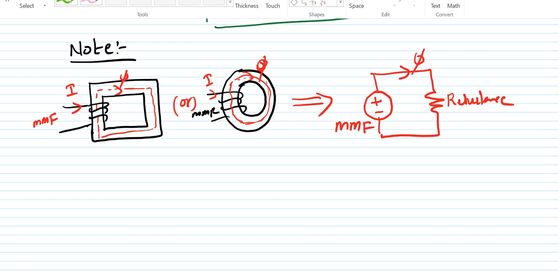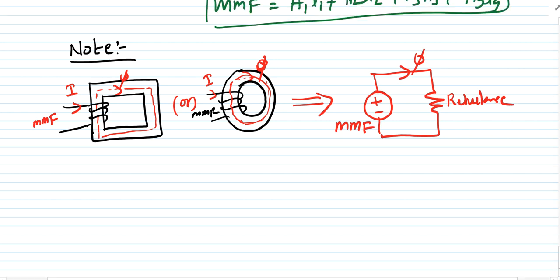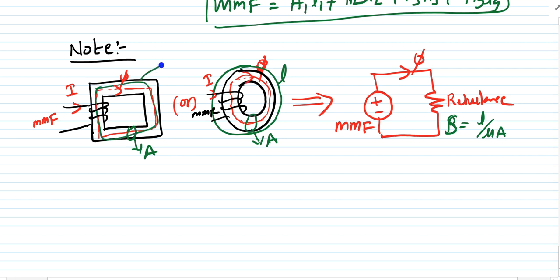That is what I'm trying to show here. So reluctance S is L by mu A, isn't it? What is A? A is the cross-section area of the material. L is the length. What is the total length of this material? The total length of this material is called L.